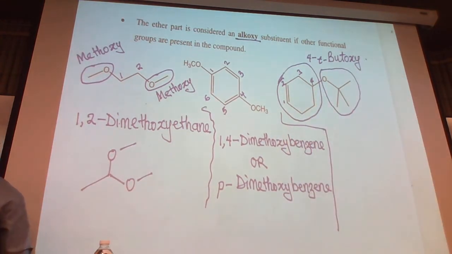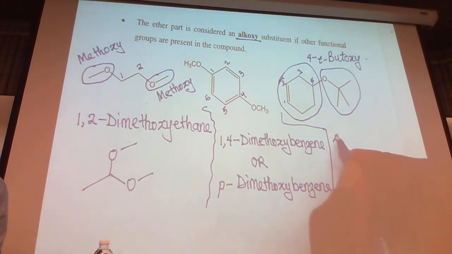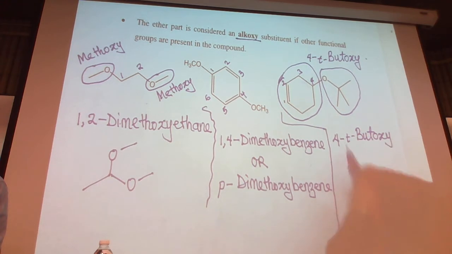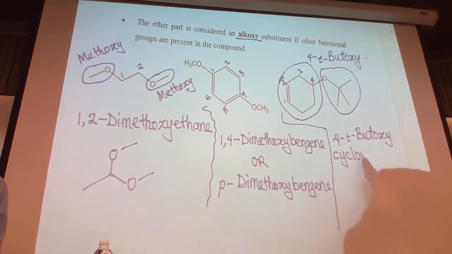To show that the butoxy is at position number 4. So if you want to put this in the name now, it's going to be 4-tert-butoxy. I don't have enough room there. I'm going to start down here. Cyclohexene.